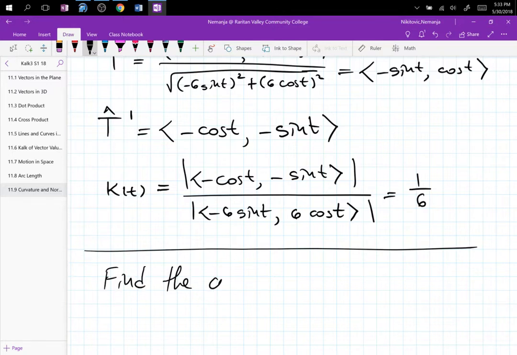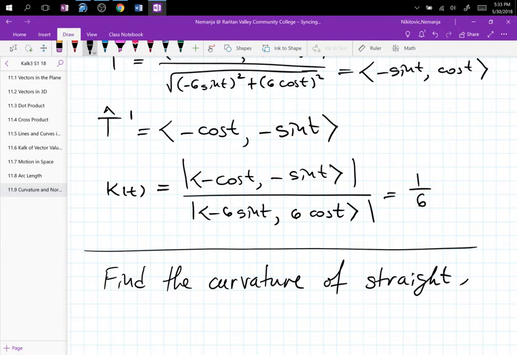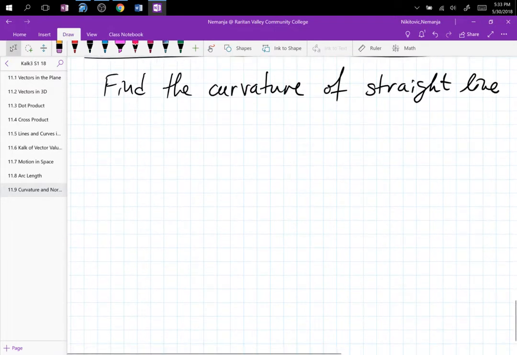Find the curvature of a straight line in R3. I know, terrible, right? You'll live.